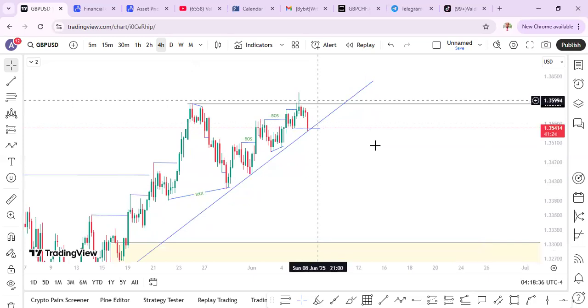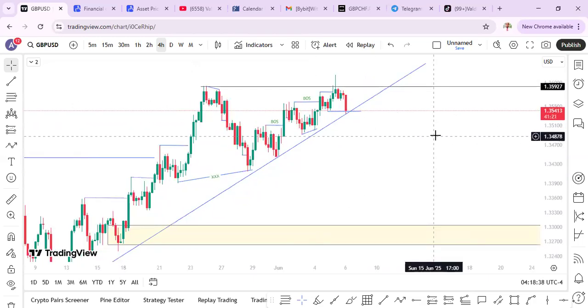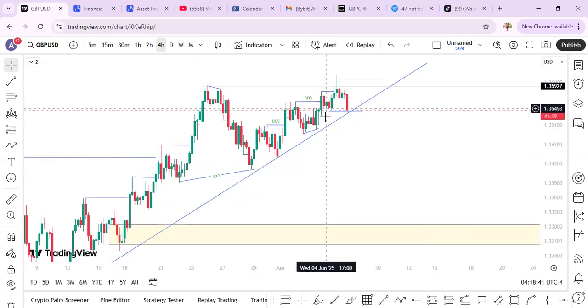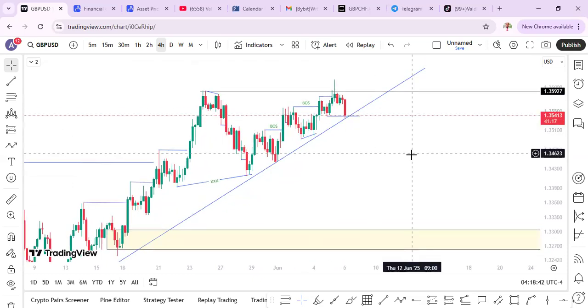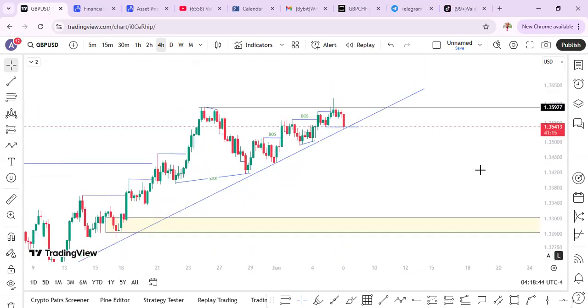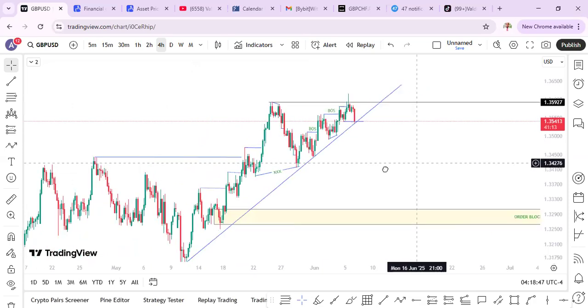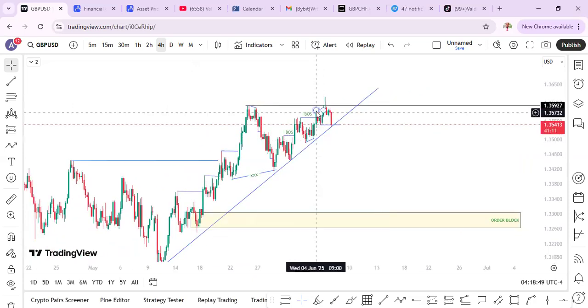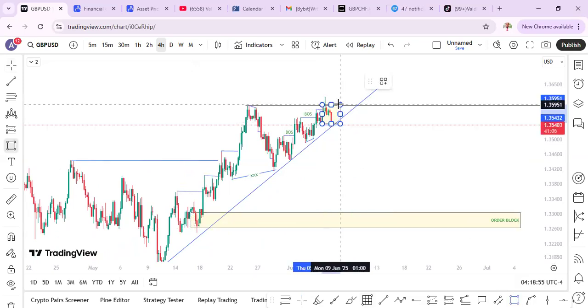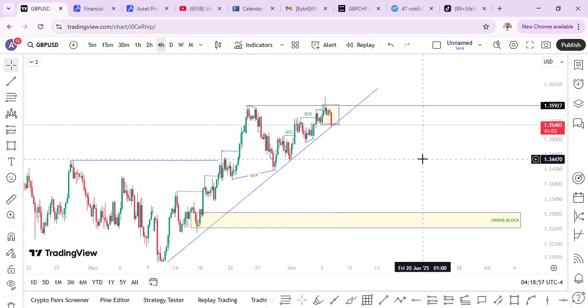So now we will not just jump in, enter the trade and begin to sell. We want to see a clear direction that price will be good to short. Here is our fractal, that is our 4-hour fractal and demand.